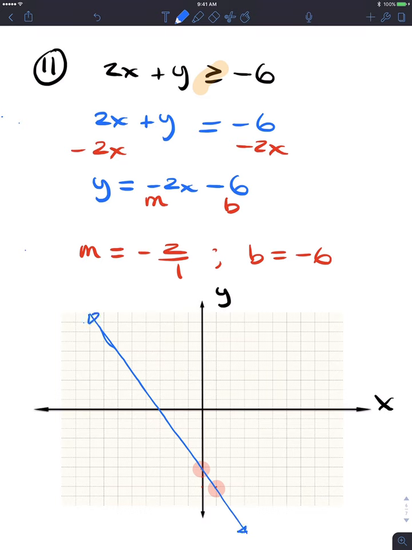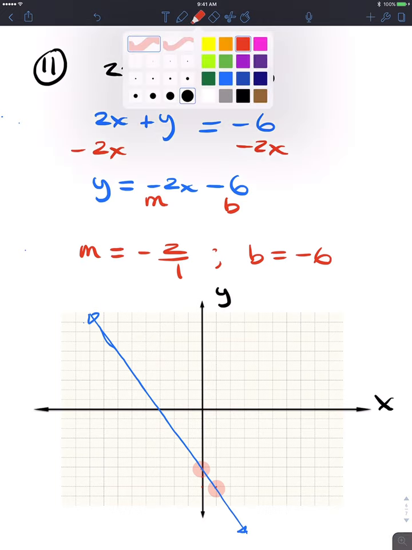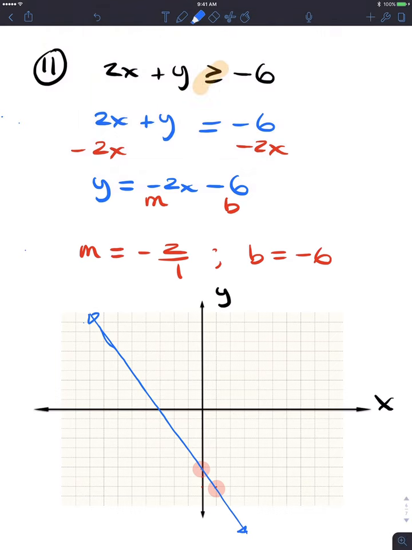Good enough. Not so simple to do, nevertheless. The origin is available as a test point. That's x is 0 and y is 0. We're going to have to test this inequality. We're going to need some space.